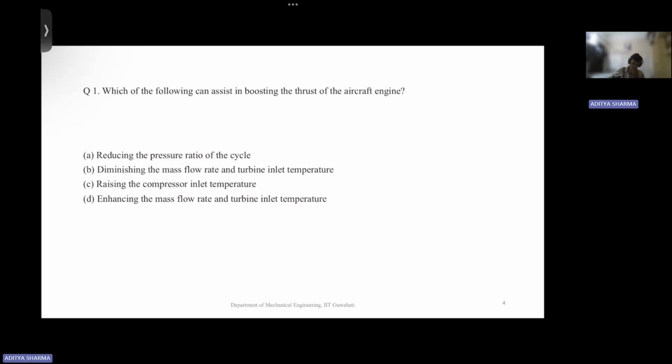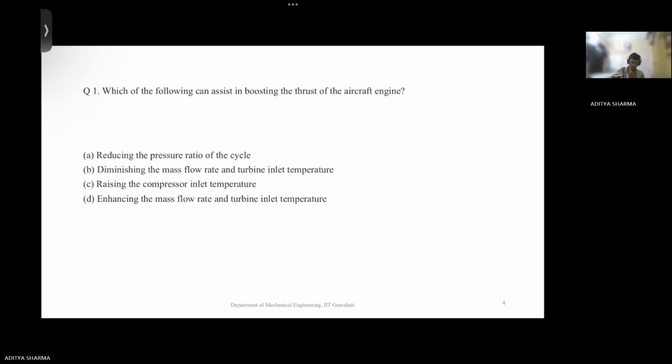Four options are there. First is reducing the pressure ratio of the cycle, diminishing the mass flow rate and turbine inlet temperature. Turbine inlet temperature basically is the exit of your combustion chamber.